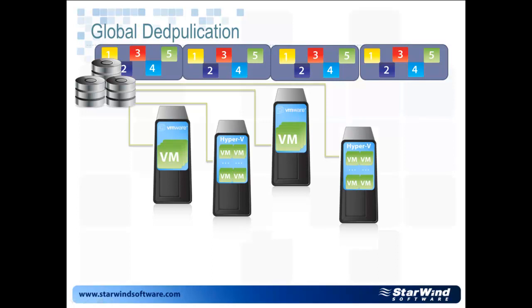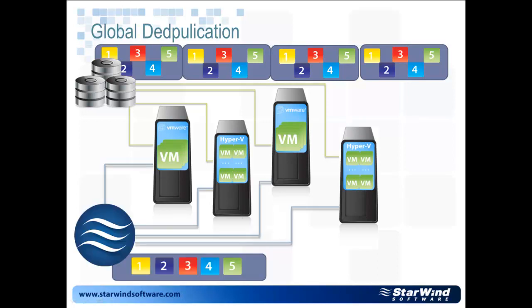So if you have, let's say, 4 hypervisor hosts, then you will get identical blocks on every one of the storages that are keeping the backups from those virtualization hosts. But with StarWind, all of those identical blocks will be deduplicated within one storage.